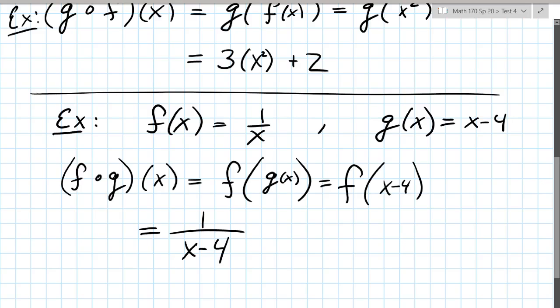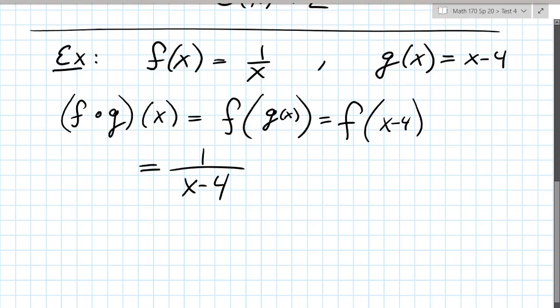You may be asking yourself, well, f of x has a domain and g of x has a domain, so what's the domain of f of g of x? In order to find the domain of f of g of x, we have to look and say, what works for g of x, and then what works for the new f of g of x.